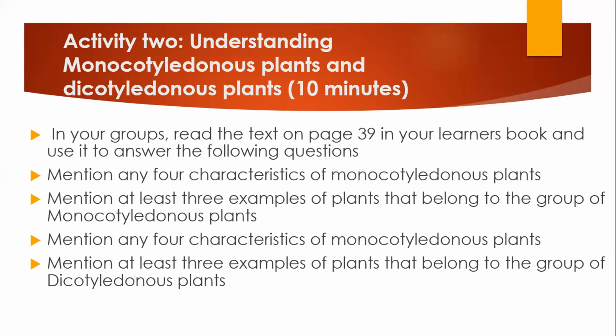Okay, we'll go to Walakida. Sorghum. Sorghum, very good. We expected 4 examples. When you look outside your homes, which very common monocotyledonous plant are you seeing in the compound?